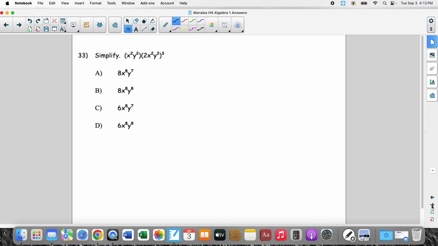Here we have powers and then multiplication. So we have to do this exponent first. We have to simplify this exponent before we multiply these two terms together. So I'm going to distribute that 3 into there. So I have x to the 2nd, y to the 2nd. And now I'm going to distribute this into each of the 3 pieces.